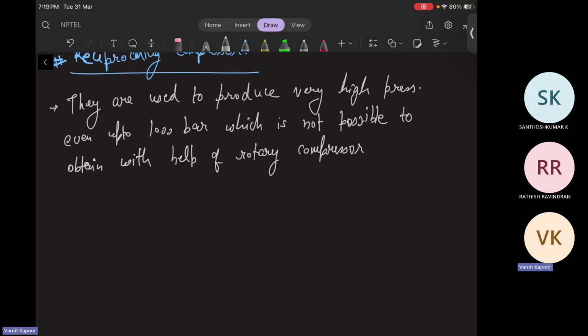But the volume delivered is very less. And there is a problem of intermittent supply.